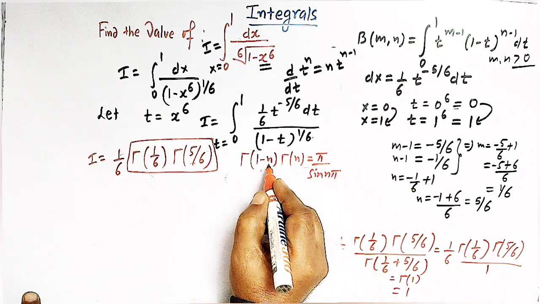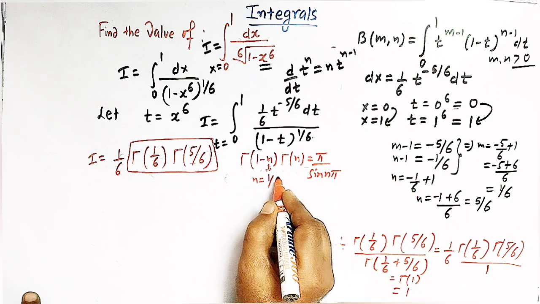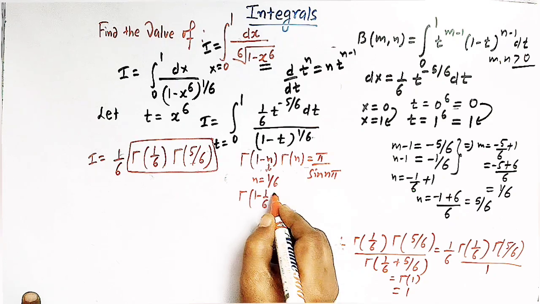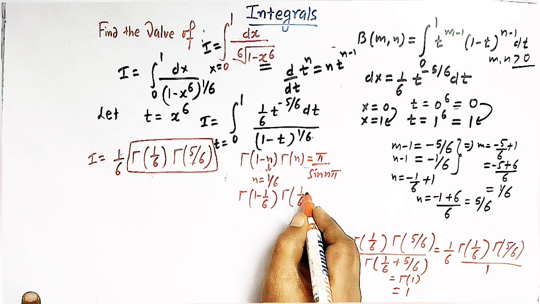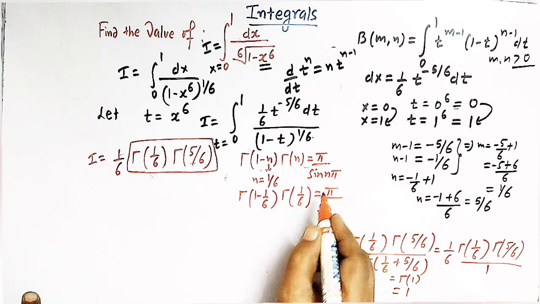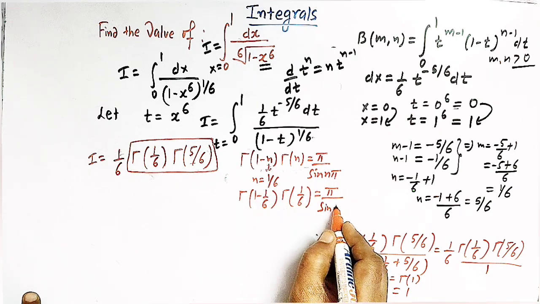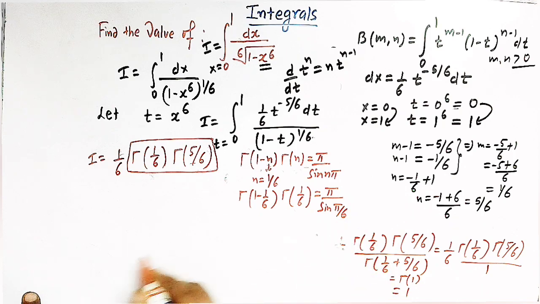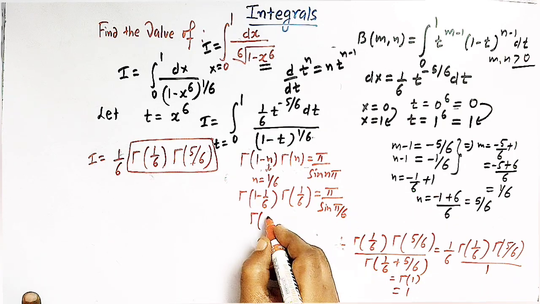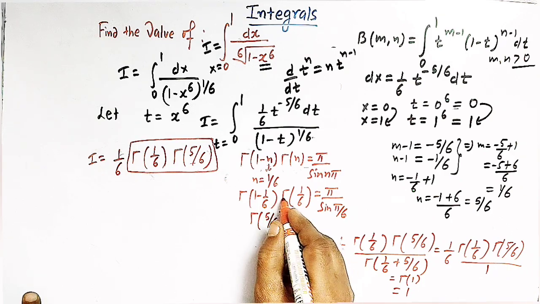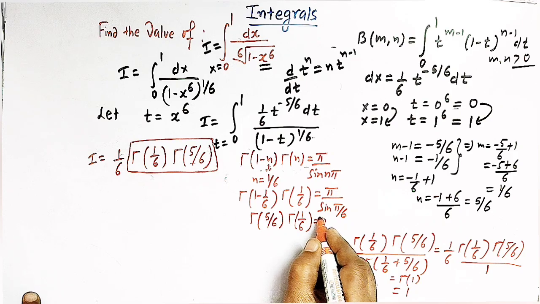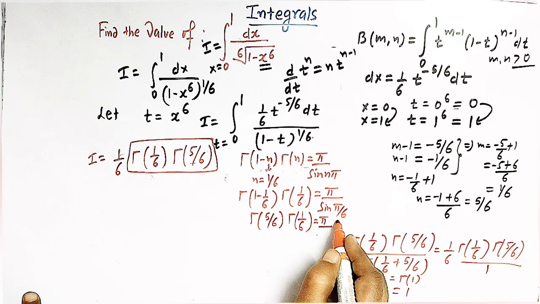So if we take this n as 1 over 6, then we have gamma 1 minus 1 over 6, gamma 1 over 6, and here we have pi divided by sine n pi. So n is 1 over 6, so we have pi over 6. Now this is 1 minus 1 over 6, so this is gamma 5 over 6, and here we have gamma 1 over 6, and this is pi divided by sine pi by 6.